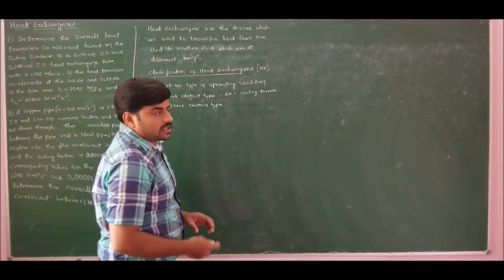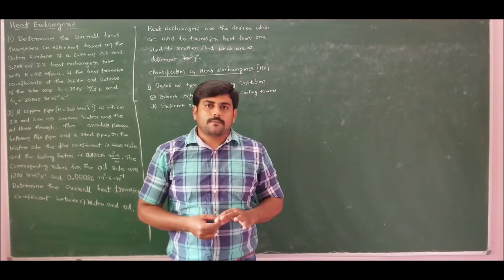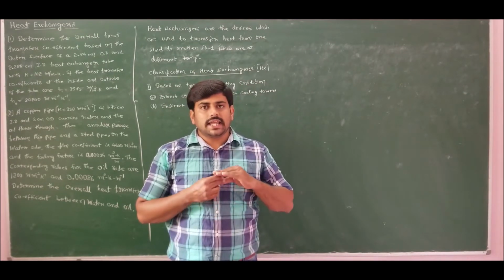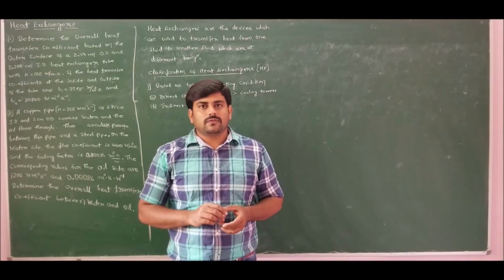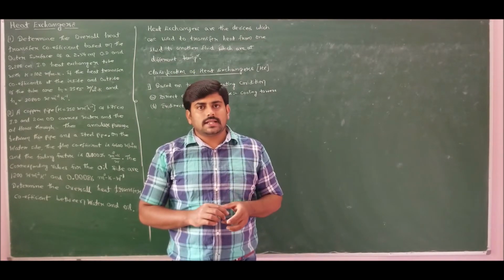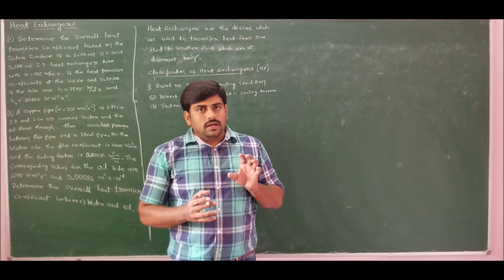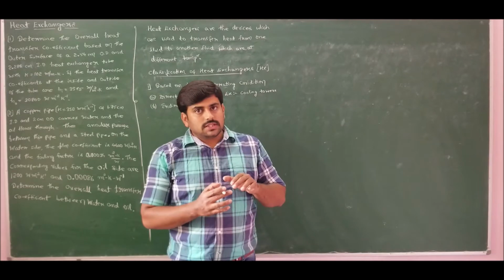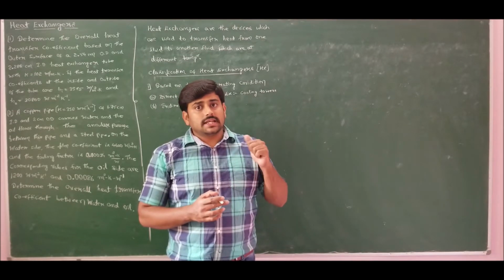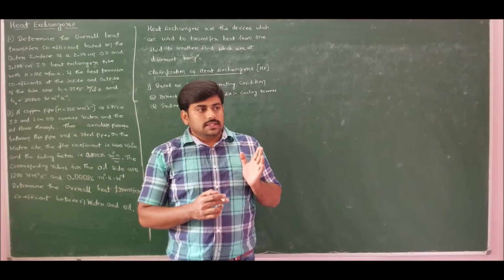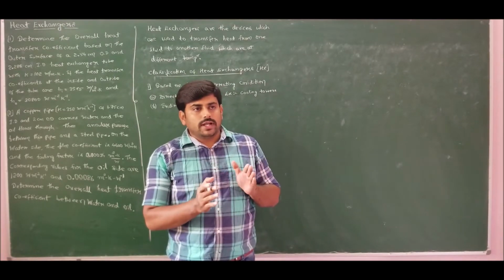Coming to indirect contact type, the best examples are regenerators and recuperators. Regenerators are the materials which store heat from the hot fluid and transfer the stored energy to the cold fluid. Regenerative type heat exchangers act as a separating medium between the hot fluid and cold fluid.